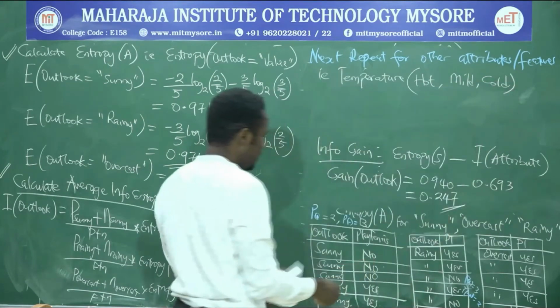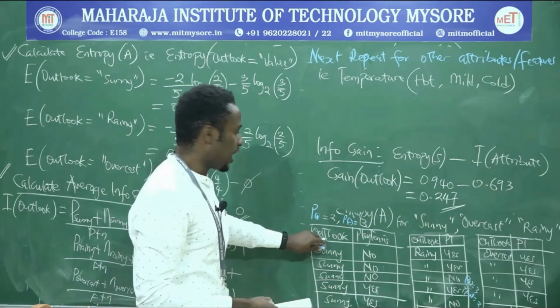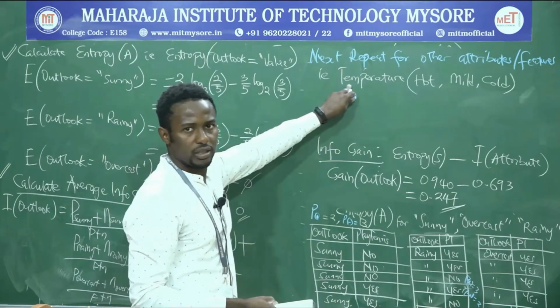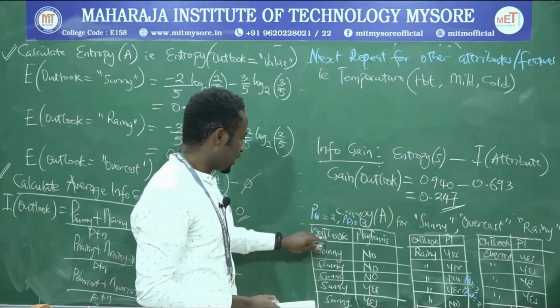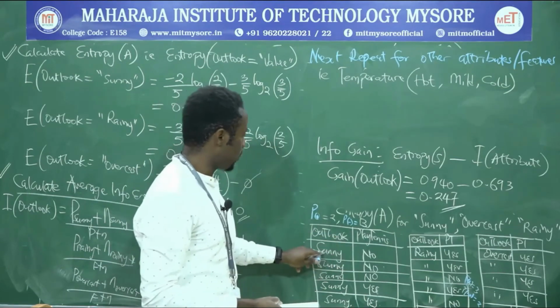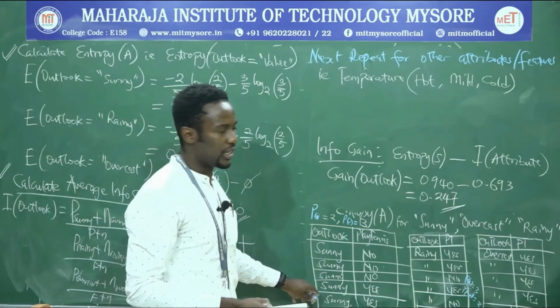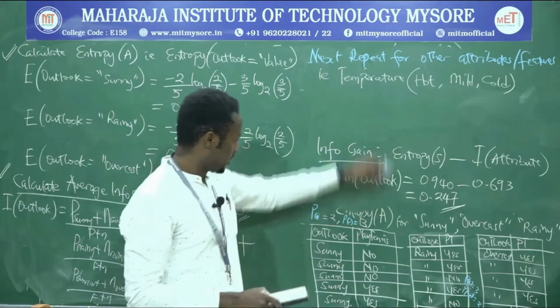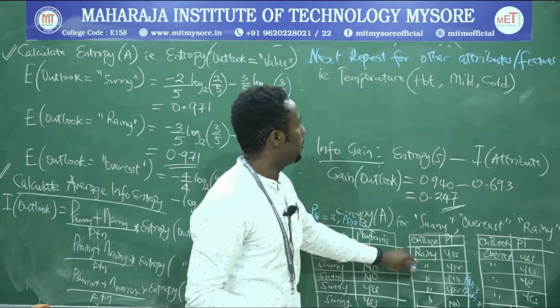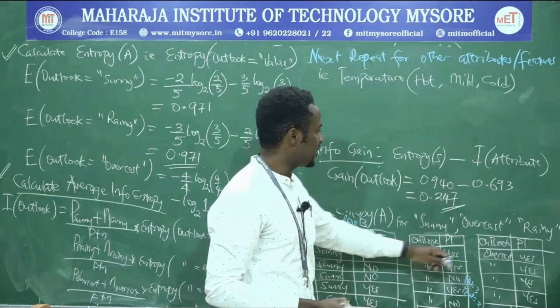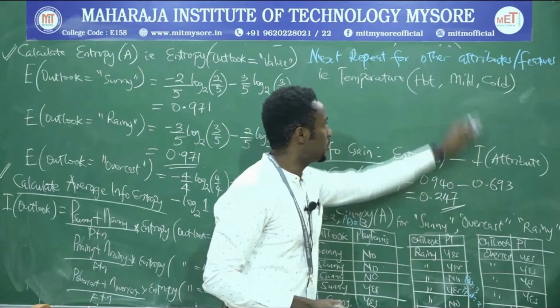Same thing. That's why I left this table here. Please remember, in place of Outlook, you substitute temperature. So you say temperature, play tennis. So first one, subset will be hot. Find how many instances of hot are there. Next, temperature, play tennis, mild. Lastly, temperature, play tennis, cold.